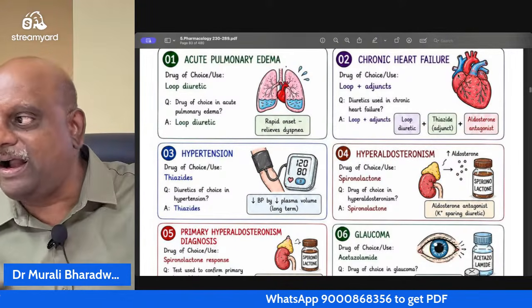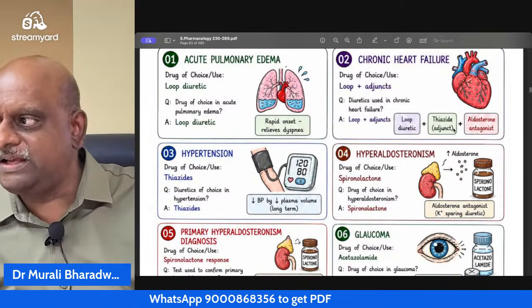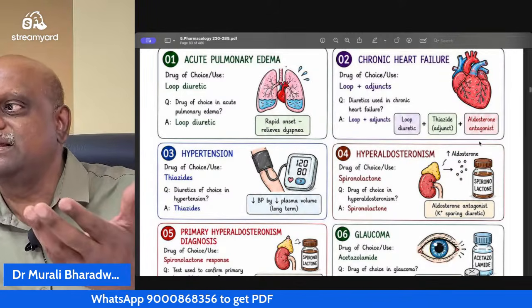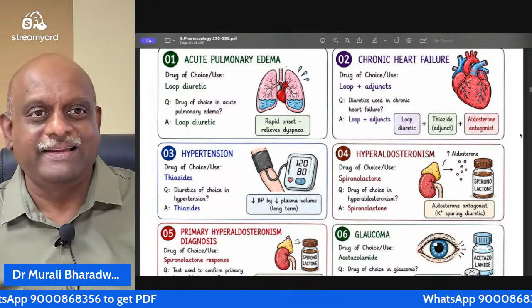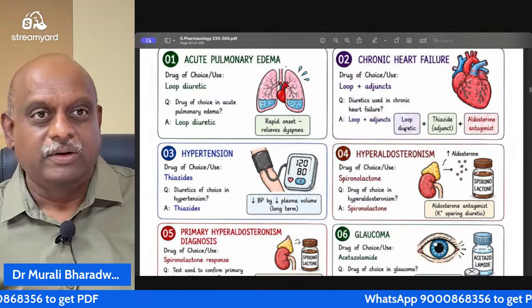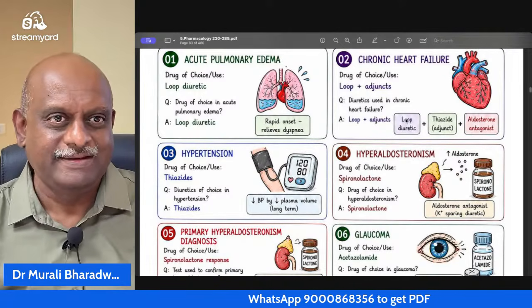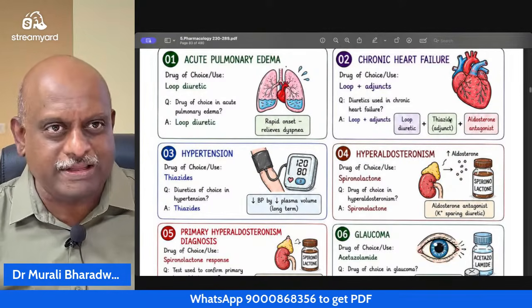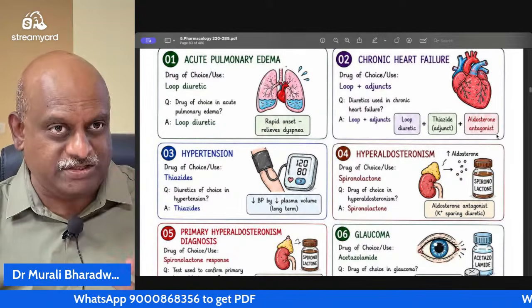Similarly, in chronic heart failure, you give loop diuretics plus thiazide plus aldosterone antagonist, all three. On one side you will give Ditor, which has torsemide. On another side you give hydrochlorothiazide. And also you will give Ditor Plus.